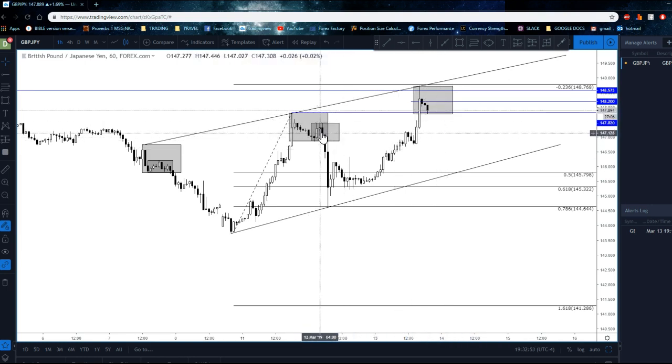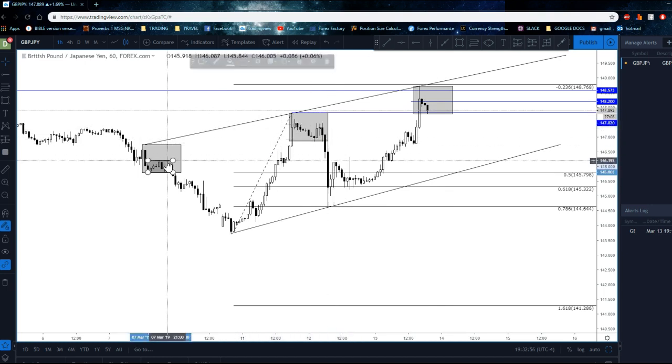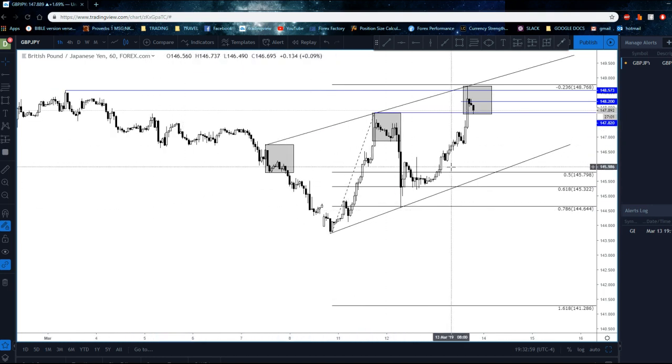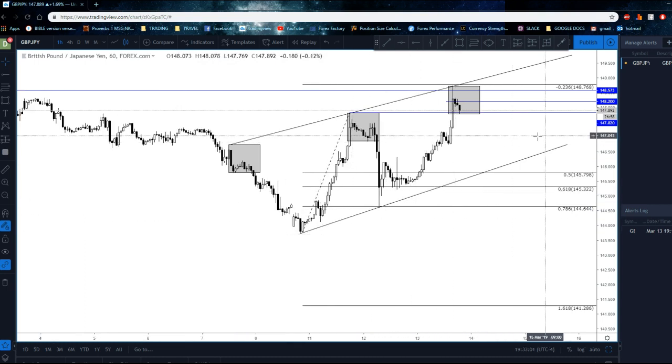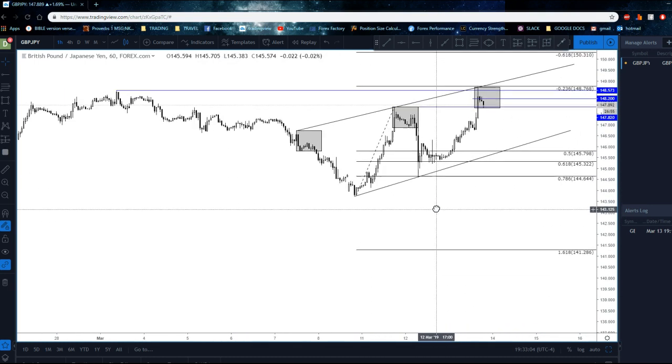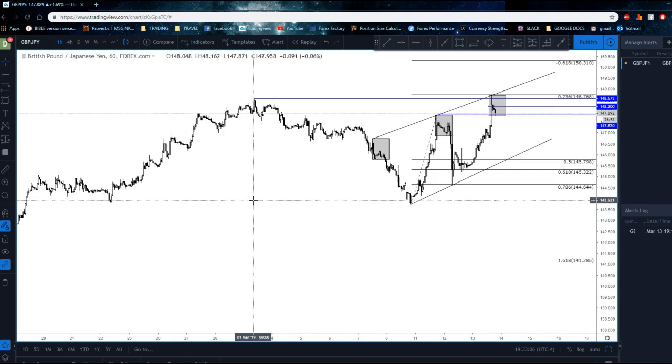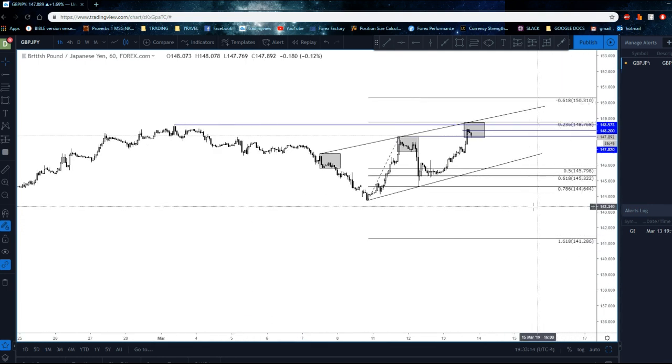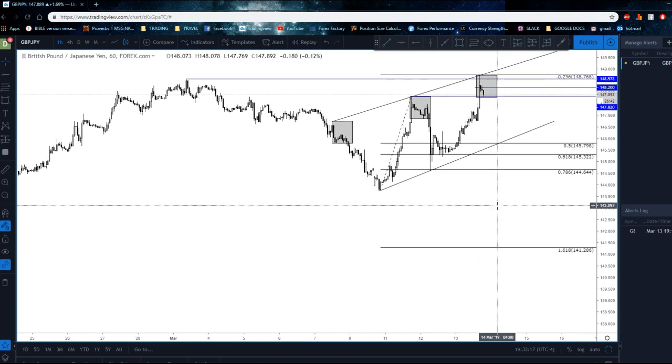Not many people train their eye for these types of things, and really, it just pops out sometimes once you're in the charts all the time and training your eye for different little patterns. And some people train their eye for head and shoulders patterns. I've tried to train my eye to visualize these little things that aren't terribly common, that don't really stand out to the masses.